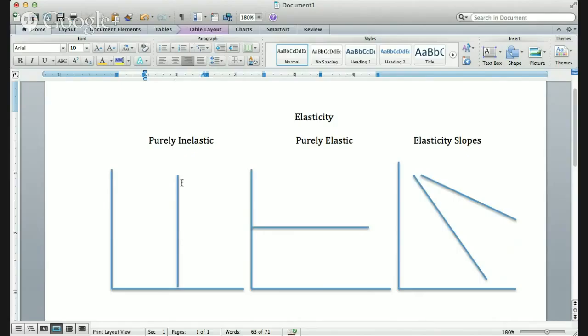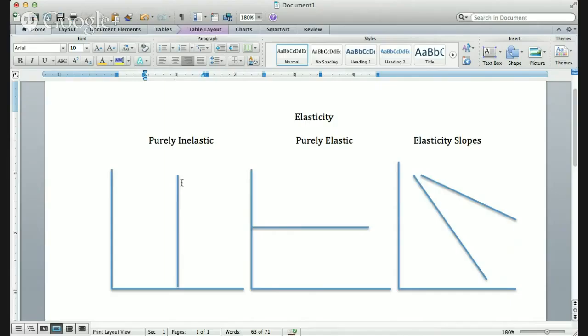If bread goes up to $10, we may still want the same amount. But of course, if bread goes up to $4 million, demand would have to decrease because just not that many people have $4 million to spend on bread. So within reason, something is purely inelastic when no matter the price, the quantity that we demand does not change.